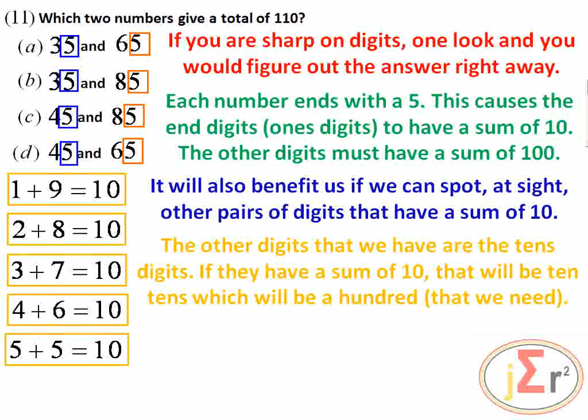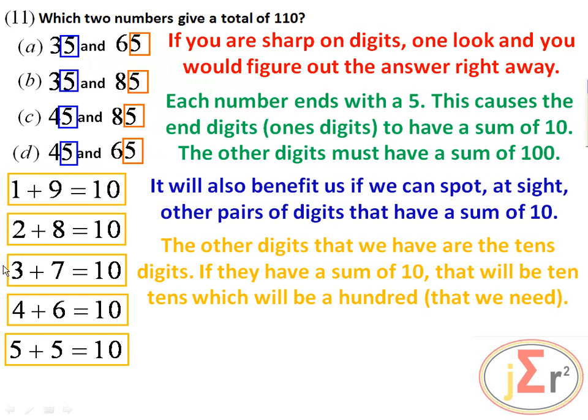The other digits that we have are the tens digits. If they have a sum of 10, that will be 10 tens, which will be 100. And that is what we need. Do you understand that, Jerry? Yes. Okay, so let us repeat that. The digits that we have added to get 10, out of the 110, it means that the other digits should add to give 100.